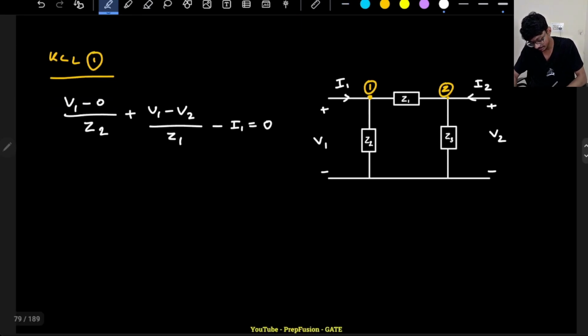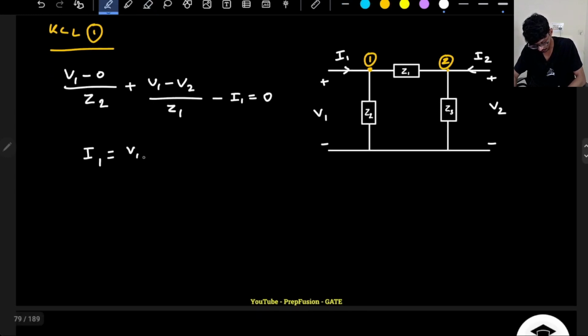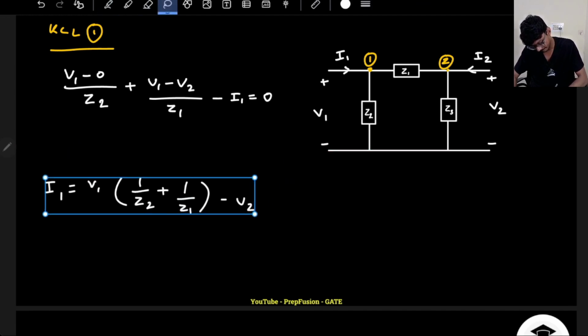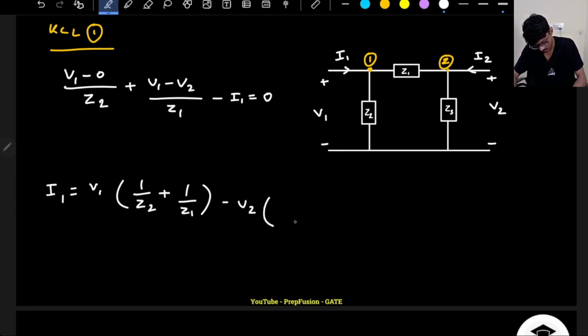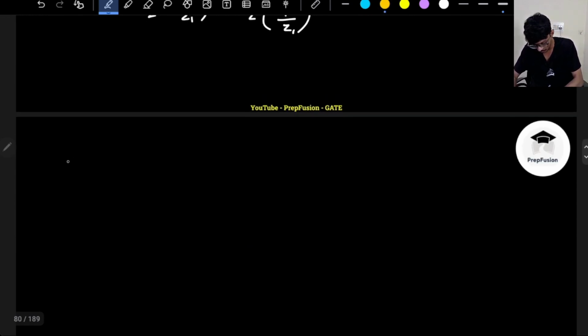From here you can directly write I1 as a function of V1 and V2. So V1, if I take common, it will be 1 by Z2 plus 1 by Z1, and minus V2 into 1 by Z1.